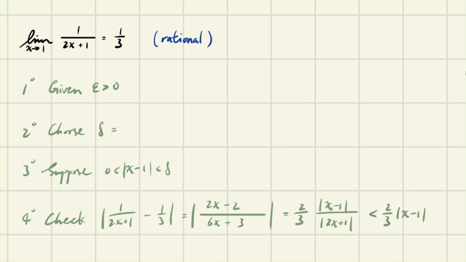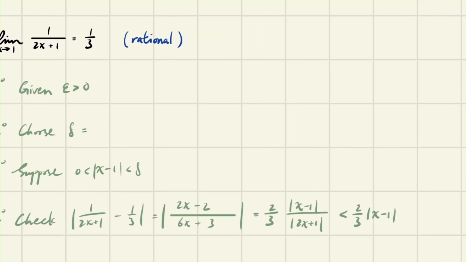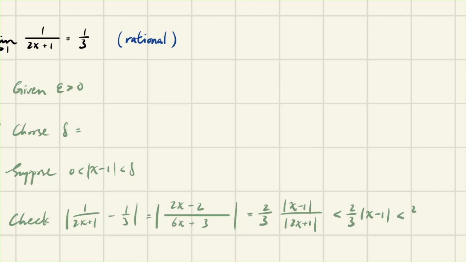So it will be either way smaller than our function of 2/3 the absolute value of x minus 1, which essentially is smaller than 2/3 of our delta, right? Because the absolute value of x minus 1 is smaller than delta. So 2/3 of it will be smaller than 2/3 of delta.